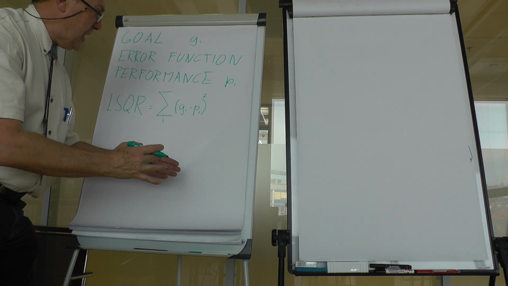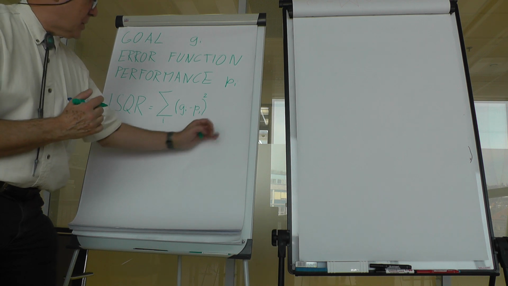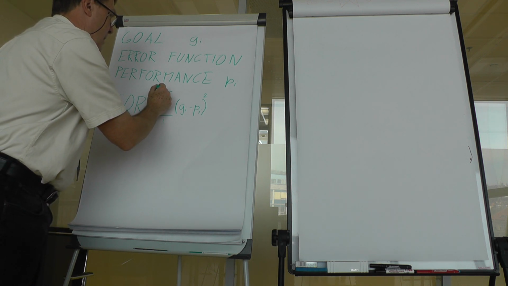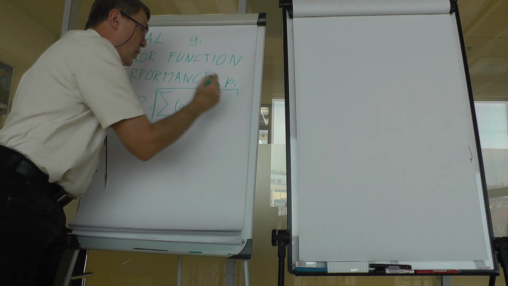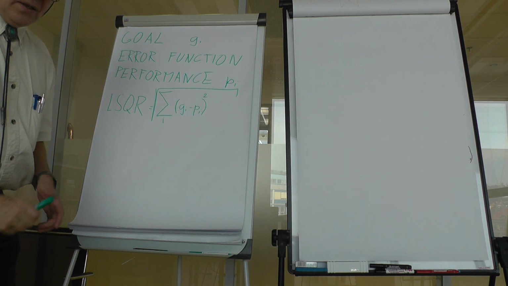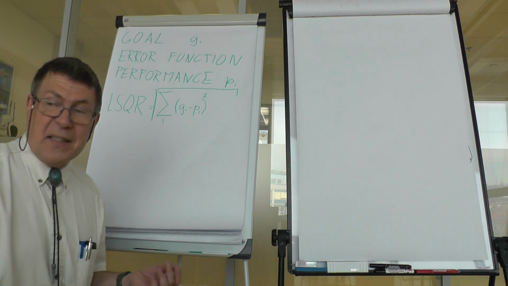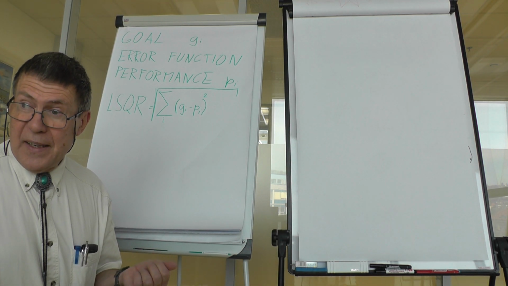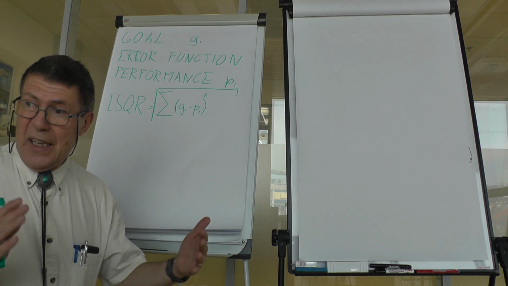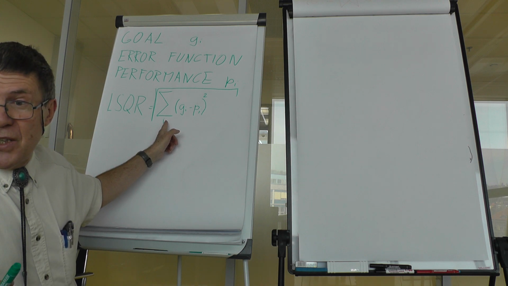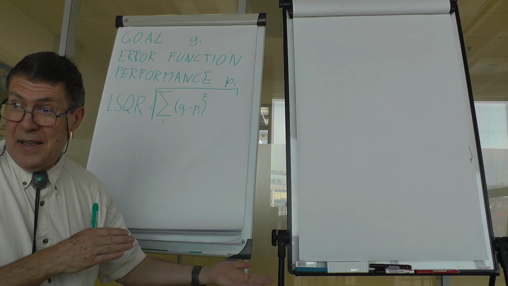And after summing all those squares, we would perform a square root. Just remember, this is the way we calculate distance in our Euclidean space, in our 3D space. Just we have only 3 dimensions, x, y, and z.